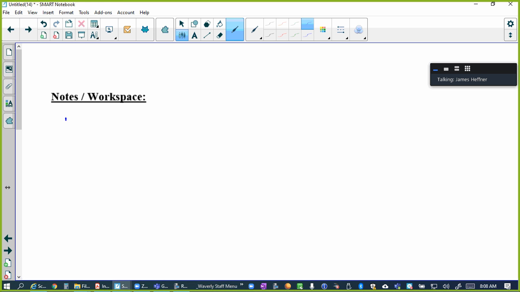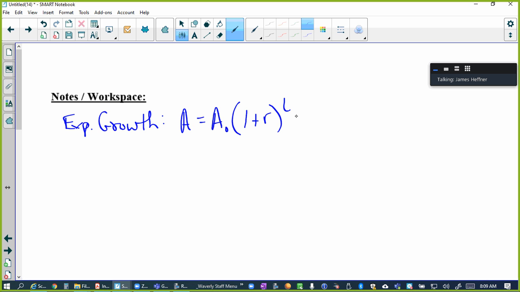Exponential growth, if you remember, is the amount at the end of some amount of time is equal to the initial amount times 1 plus the rate to the t power for time, right? So we're going to use this formula for compound interest. We're going to modify it just a little bit, okay?